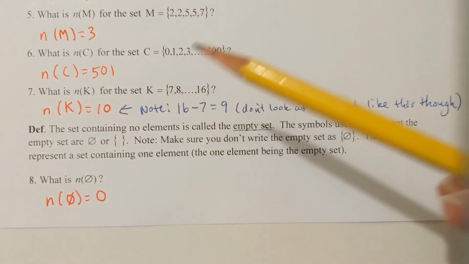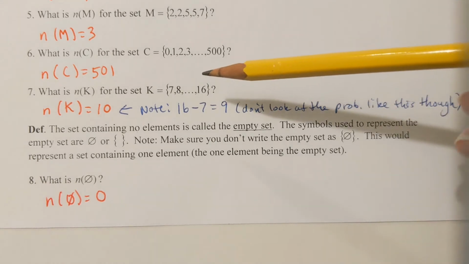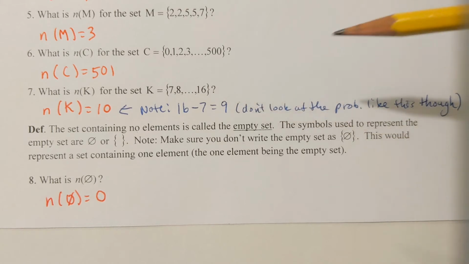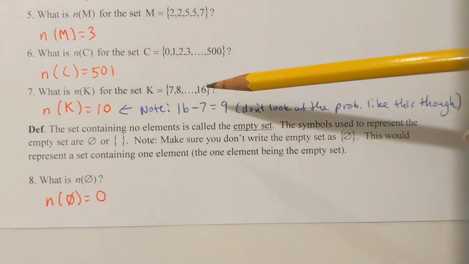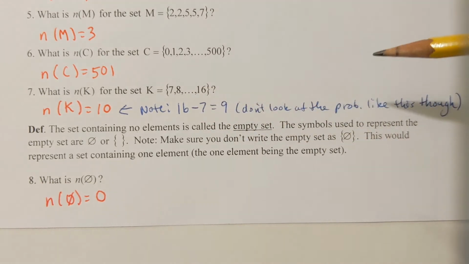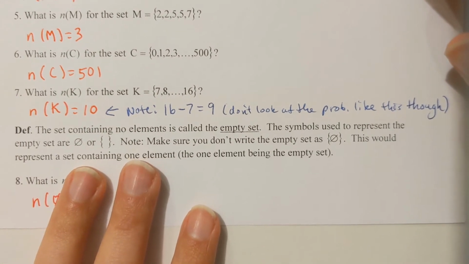Problem 7, what is the cardinality of K for the set K equals the set containing 7, 8, 9, all up to 16? Okay, so what some students will do, and they'll mess this up, is they'll say, oh, well, 16 minus 7 is 9. So there's 9 elements in the set. You don't want to look at the problem like that.